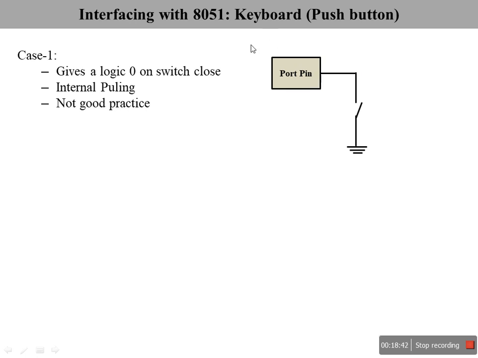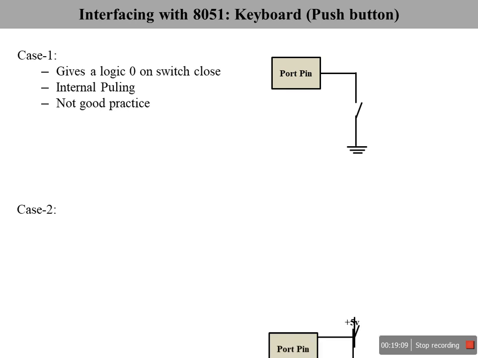With this configuration, when it is closed, the pin is directly grounded, so there are chances that a lot of current may flow from this IC to the ground. There may be an internal pulling, and the complete IC may be burnt, or a lot of drain may happen here. So this is not an advised interface configuration.